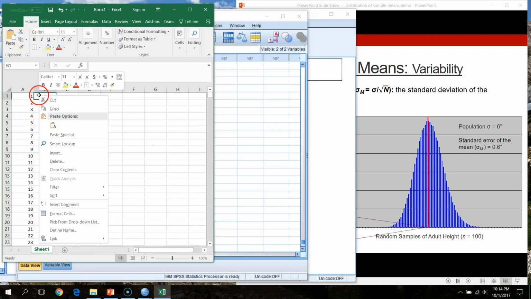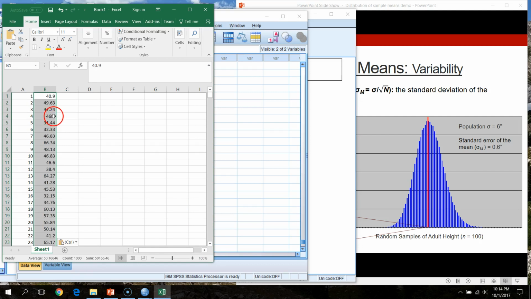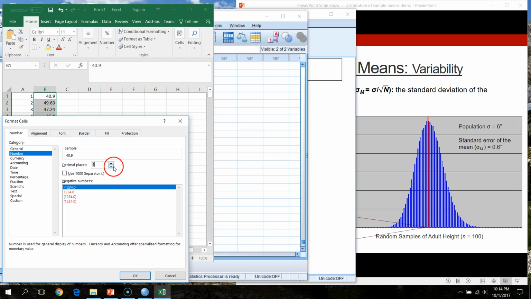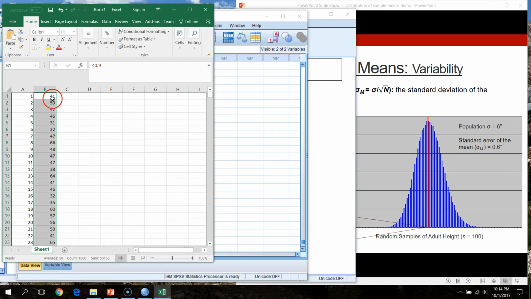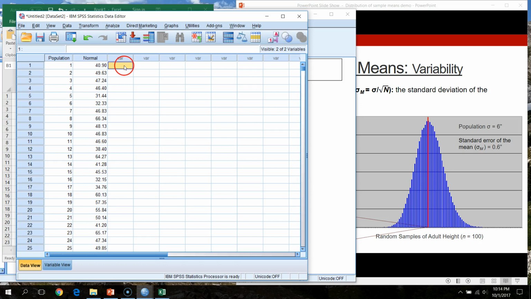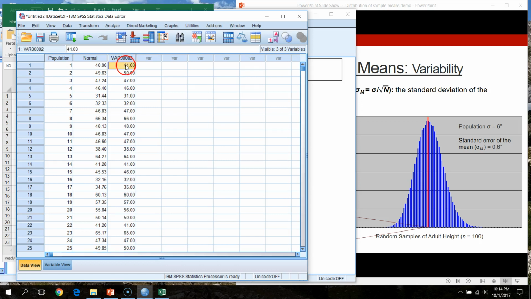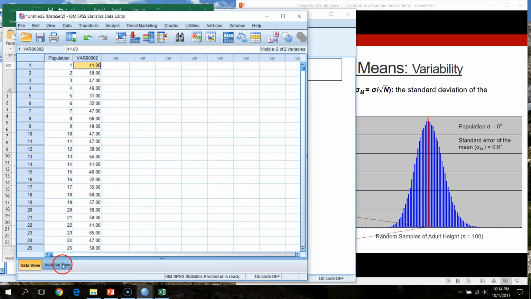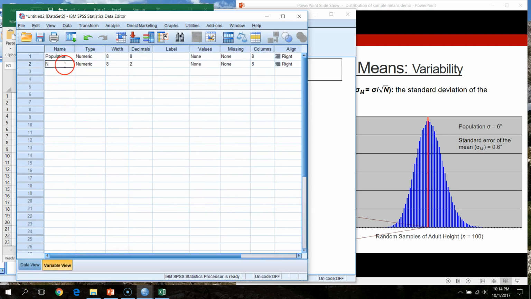If I format my cells, say this is a number, I think I should get values without a decimal place. Perfect. Okay, so I'll get rid of that. Call this normal, no decimal places.